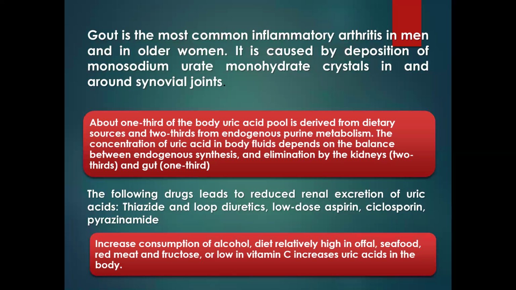So the concentration of uric acid in the body fluid depends on the balance between endogenous synthesis, that is, the production of uric acid from purine metabolism, and elimination by the kidneys. So for someone to have gout from monosodium urate monohydrate crystals, one, it must have come from what the person has been eating.